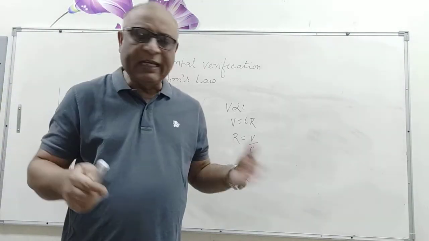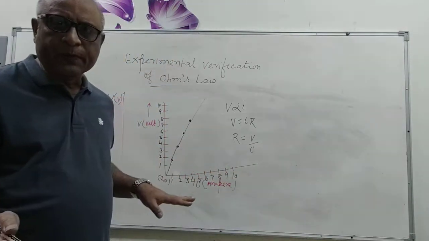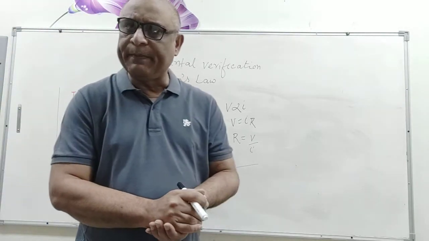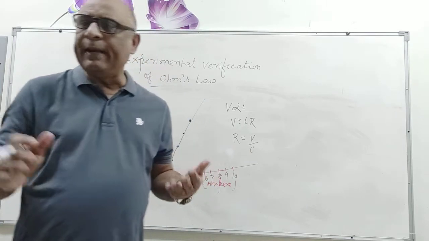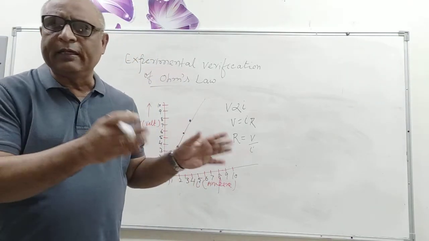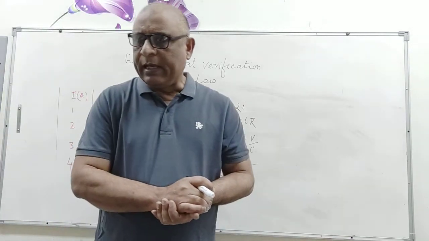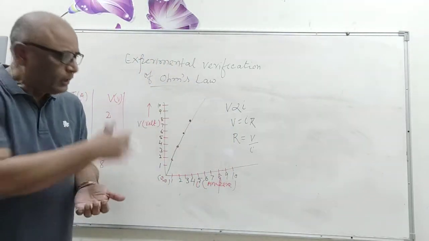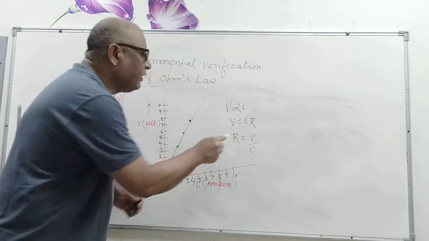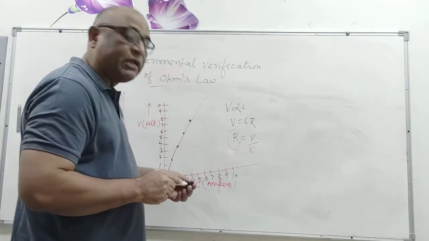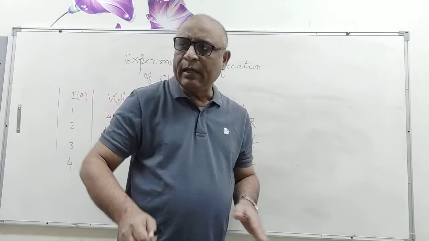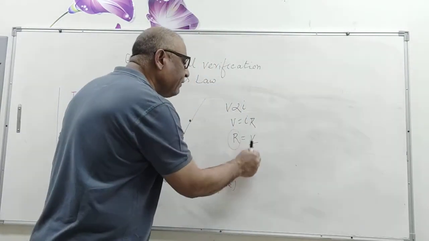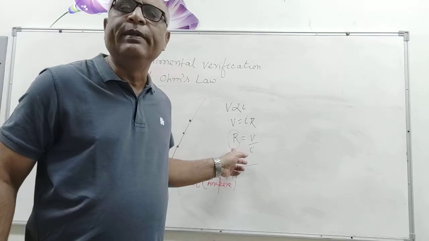One thing I have discussed in the definition of Ohm's law is that it holds provided physical conditions remain the same. Suppose I am doing an experiment at 40 degrees temperature, we have resistance 20 ohms. But when you do the same experiment at 10 degrees C, V and I will be the same, but R will be different.